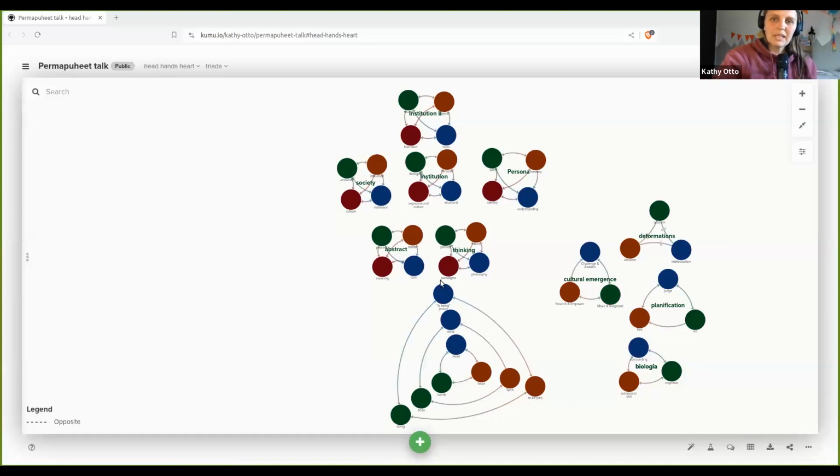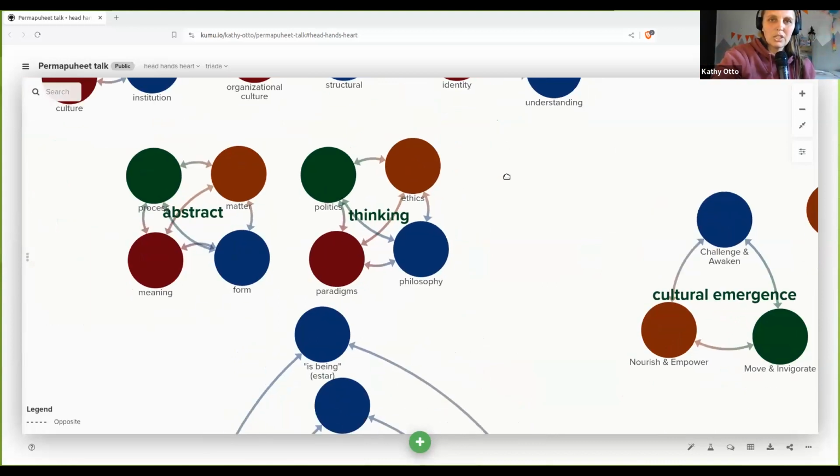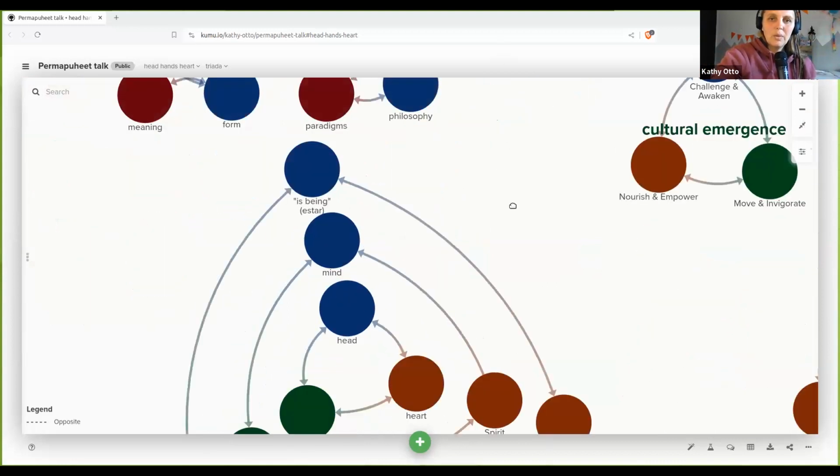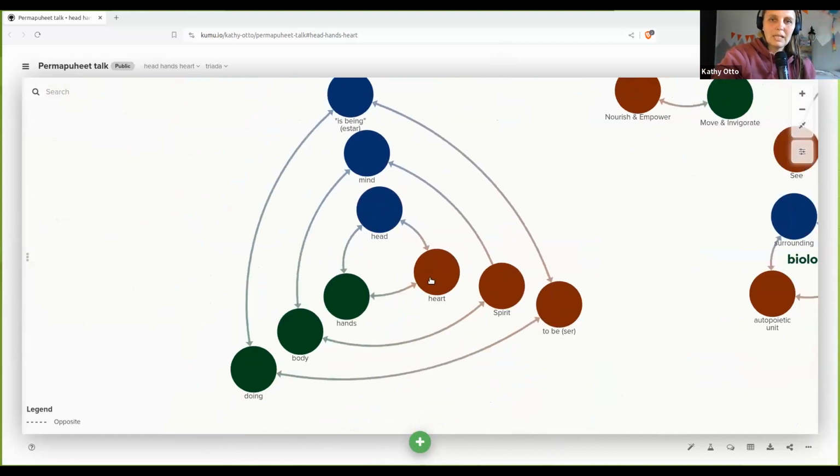But one of the things I've worked a lot with is the idea of head, hands, hearts. As you've seen, it's all been 3 pieces, and sometimes 3, sometimes 4. You get into the base idea of it: head, hands, hearts. I think it's Vandana Shiva who uses it, but a lot of other people use it too. Head, hands, heart, these 3 pieces, which is also body, mind, and spirit, and also doing and two ways of being.